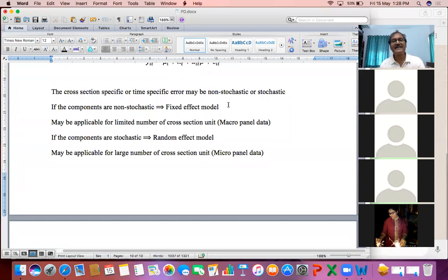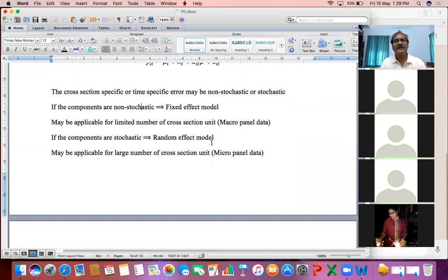If mu i differs across the cross-section unit in a non-random way, then we will get a fixed effect model. But if the level of intelligence varies across the cross-section units in a random way, in that case we have a random effect model. So if the component mu i or lambda t is non-stochastic, we have a fixed effect model, and if the components are stochastic, we have a random effect model.